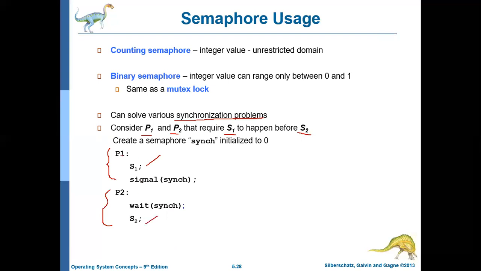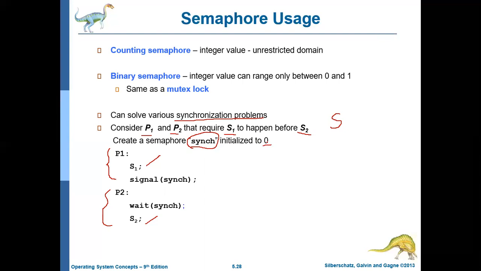In process P1, after the instruction S1, you can keep an instruction like this: signal of synchronization. Synchronization is the name of the semaphore here. In the previous example we discussed a different semaphore name, but the semaphore name can be anything. Here the semaphore name is sync and it is initialized to 0.